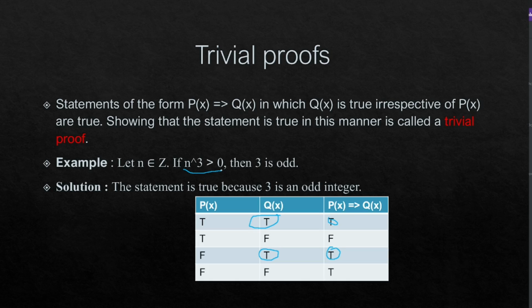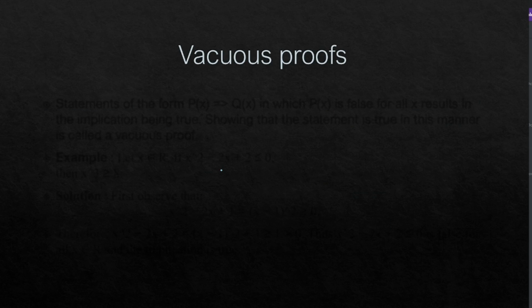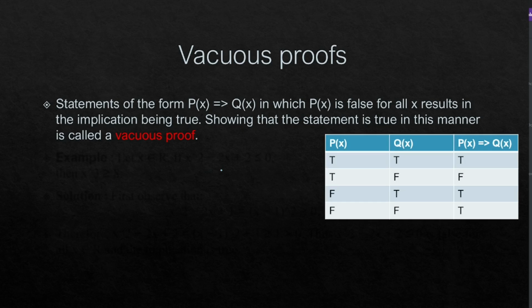The second part of this is called vacuous proofs. We show vacuous proofs in a similar vein, and that is that if you have a statement in the form of an implication, P of X implies Q of X, in which P of X is false for every X, that results in the implication itself always being true. You can see it again here.